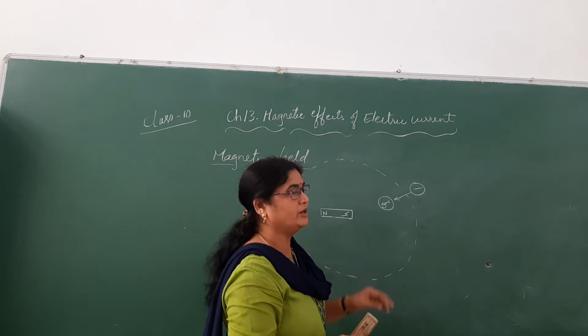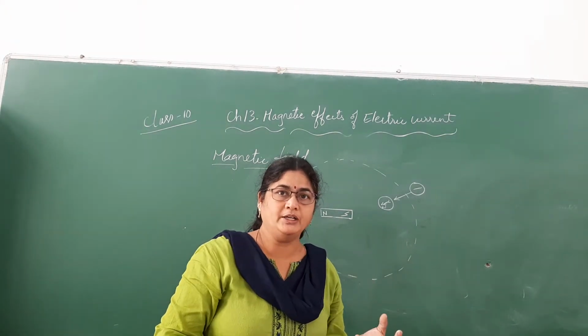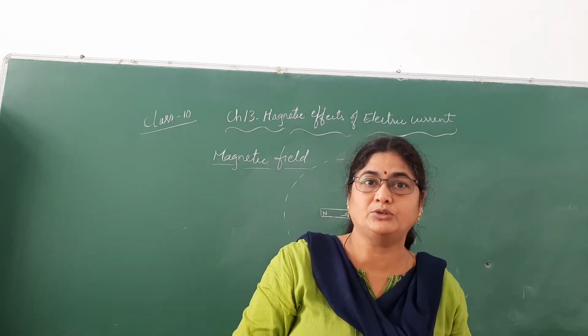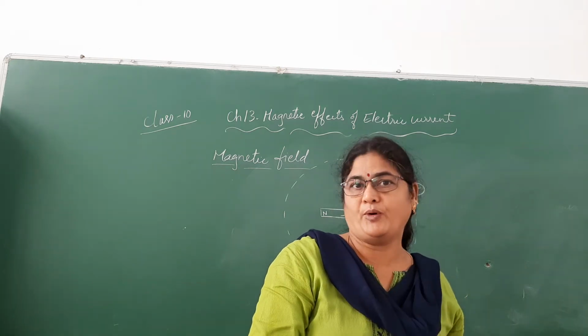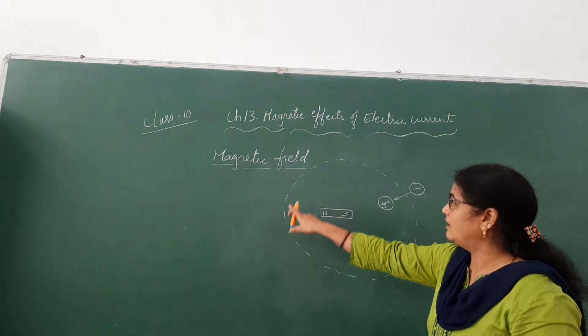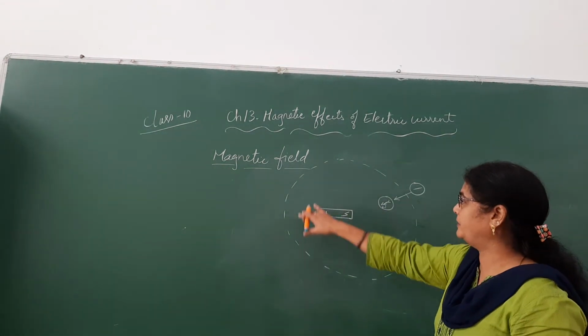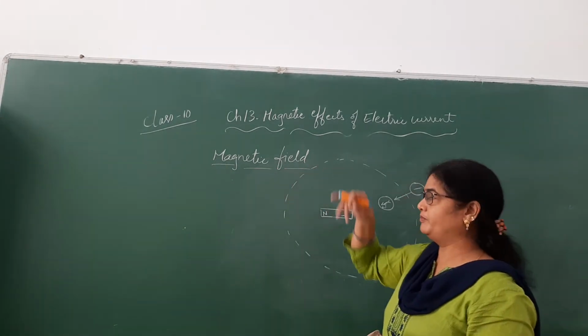From whichever point the magnetic needle experiences a force due to which it gets deflected, we say up to that point the bar magnet has a field around it. So this space around this bar magnet, we call it a magnetic field.